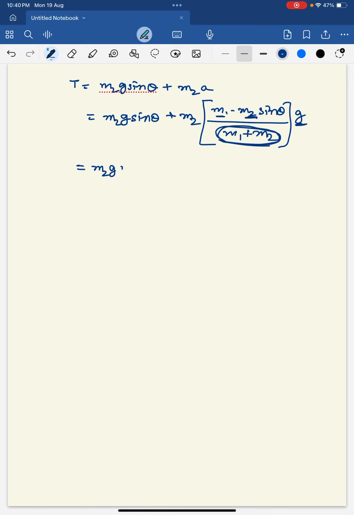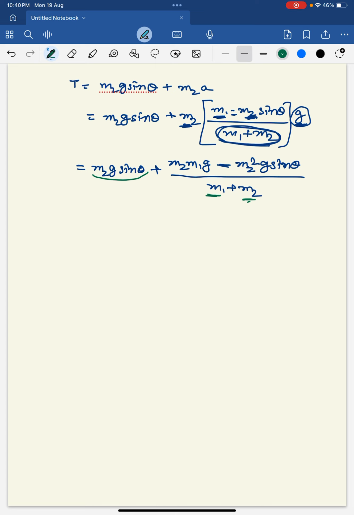So m2g sin theta plus this m2 is multiplied with m1, so m1 m2 into g, minus m2 multiplied with m2, so m2 square g sin theta, divided by m1 plus m2. Okay, so here the denominator term m1 plus m2 is multiplied with this term.